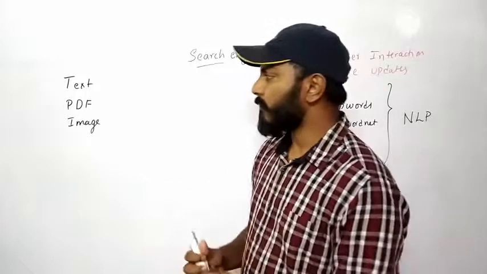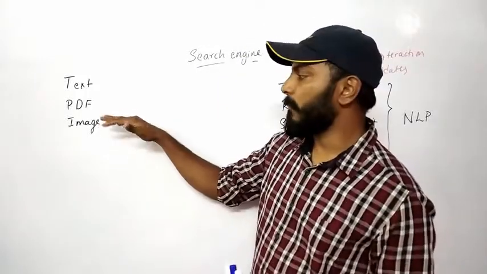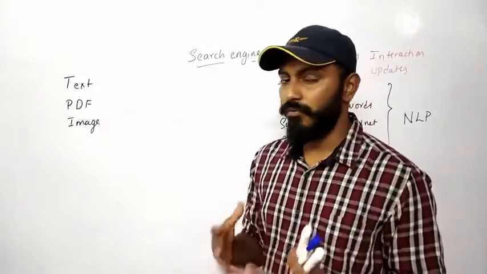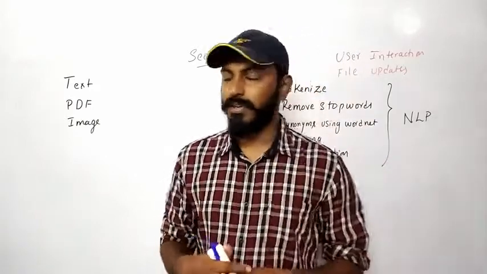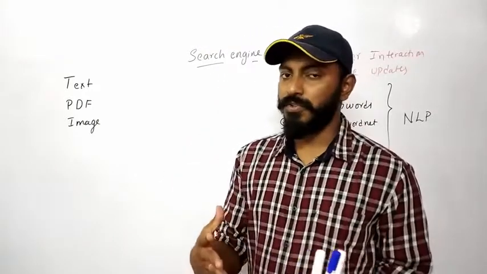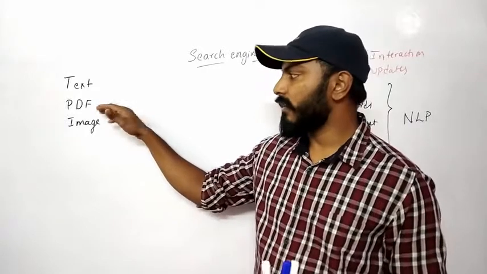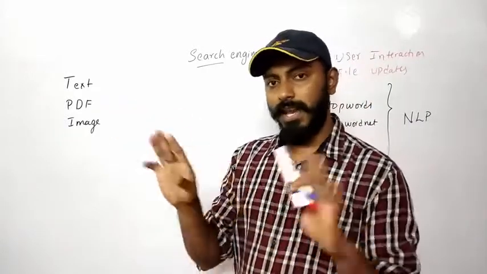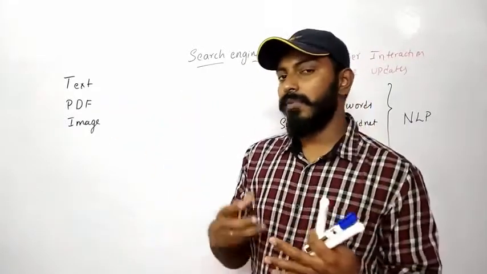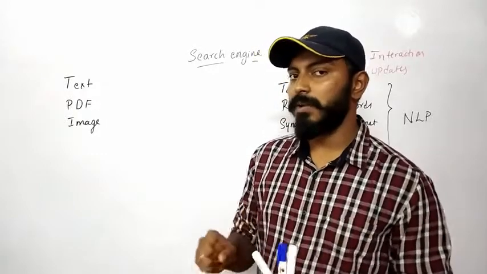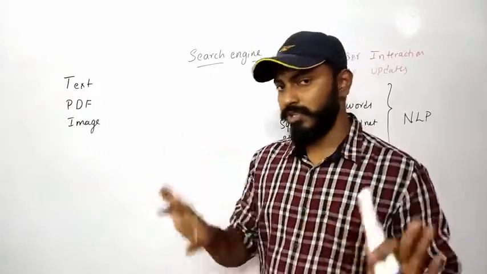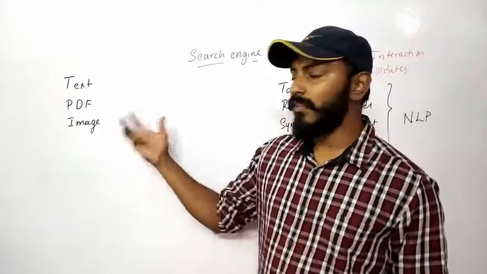So if the file is a PDF, image, or video, how do we go about it? There are different strategies for that also. First, we can parse the PDF file, but if we can't parse it, what we can do is take a screenshot and convert it into an image.